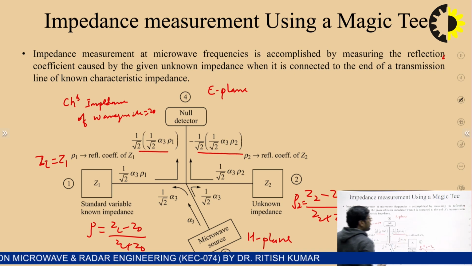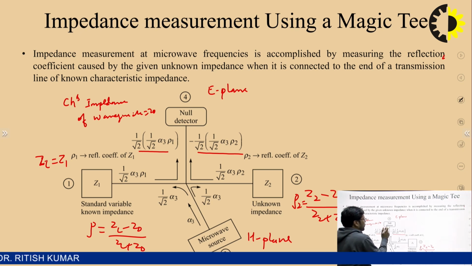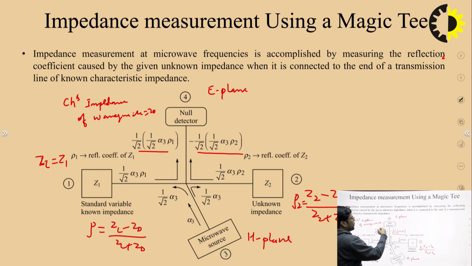So what you need to do is adjust, or arrange, the variable impedance in such a way that you will get 0 at this detector point, the zero power detector point. At what point will it become 0? When both impedances become equal.